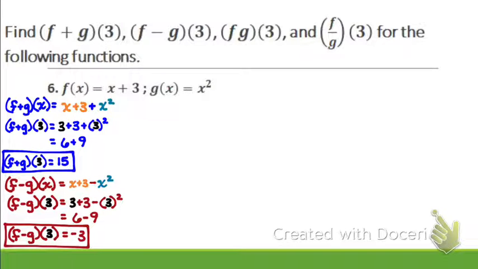Product. F times g of x. So x plus 3 times x squared. I'm going to distribute that. So x cubed plus 3x squared.